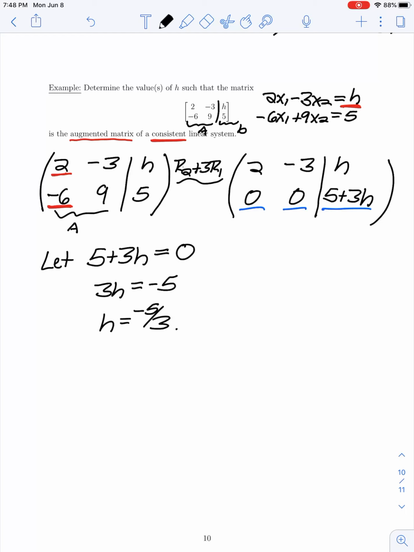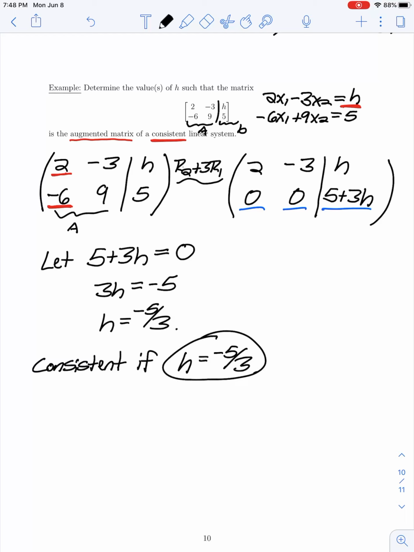Otherwise, our second row would be an equation of the form 0 is equal to a non-zero constant, which would be inconsistent. So here we can say that our system is consistent provided that h is equal to negative 5/3.